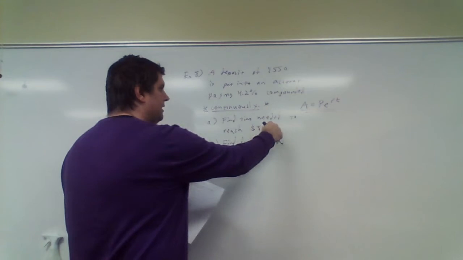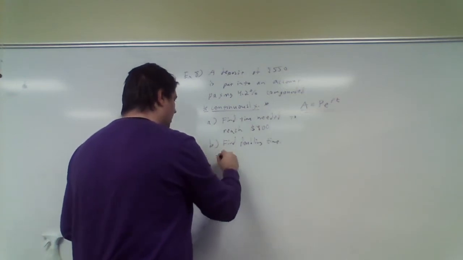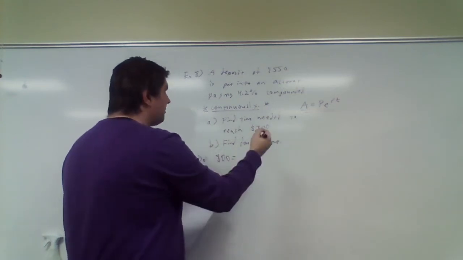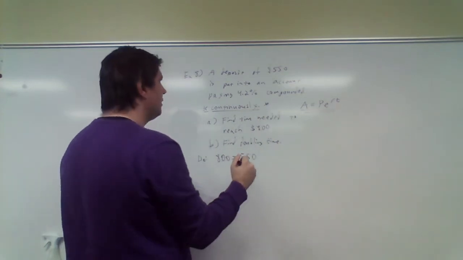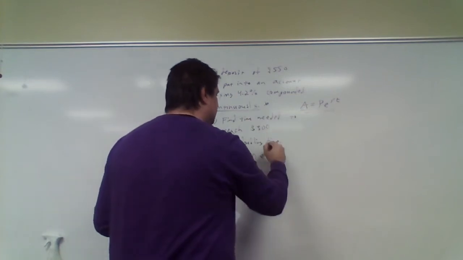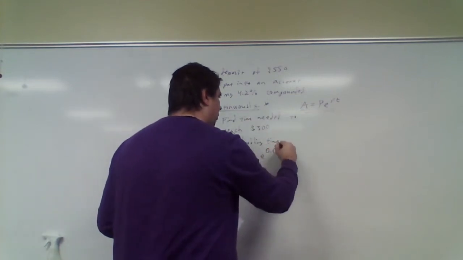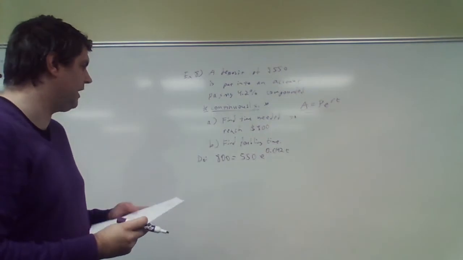So we're wanting the accumulated value to become 800. The principal, the initial amount, was 550. e is e. 4.2% as a decimal is 0.042, and t is the unknown time that we have to find.